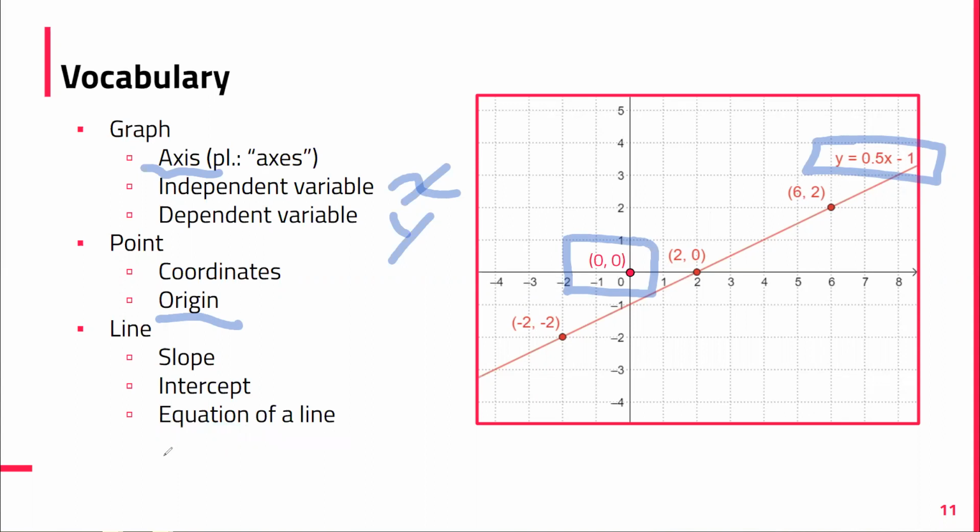Intercepts, we had this word intercept, and then also separately, intercept or intersection. What is the difference between an intersection and an intercept?